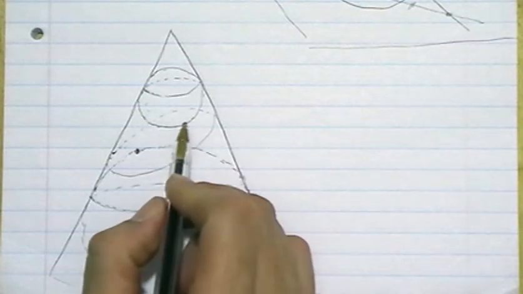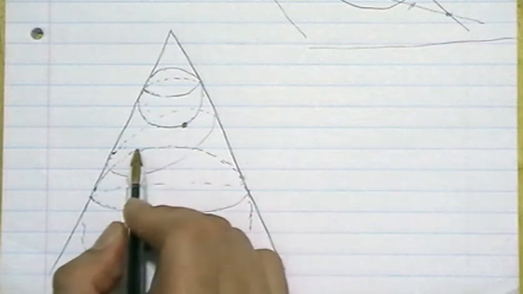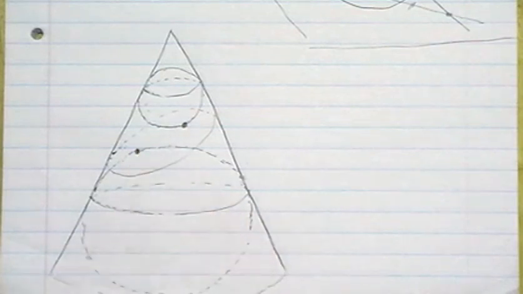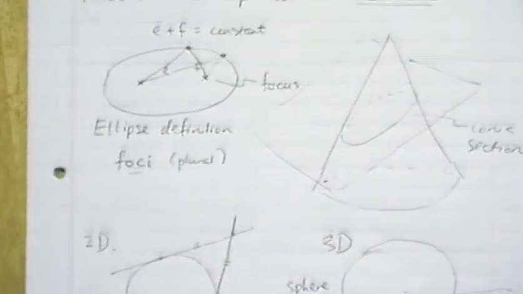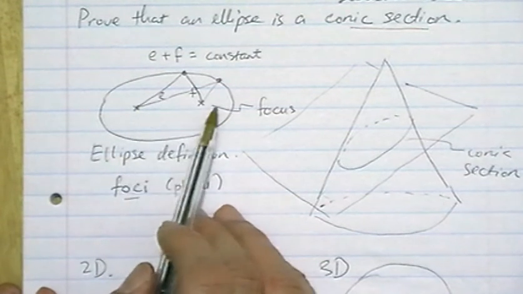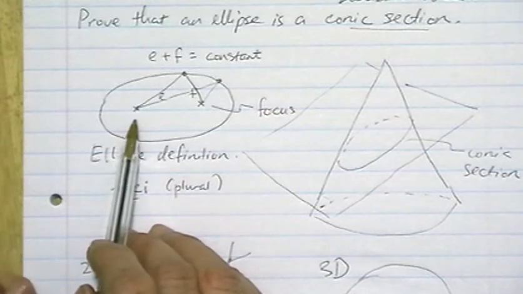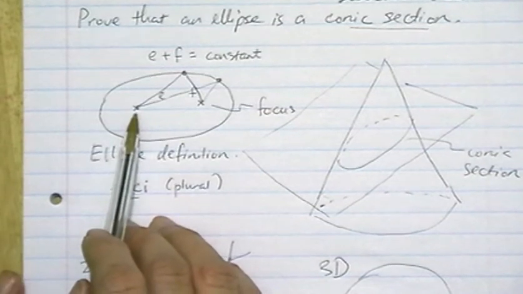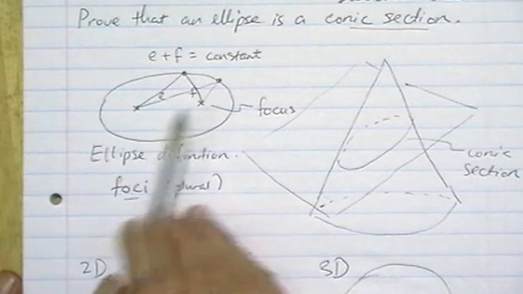Now you see I have these 2 points of contact with the 2 spheres. If you look back at the definition for the ellipse, all right, you can guess that I'm probably trying to show that those 2 points are the 2 foci.